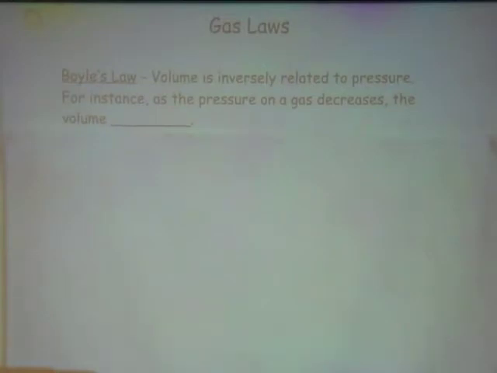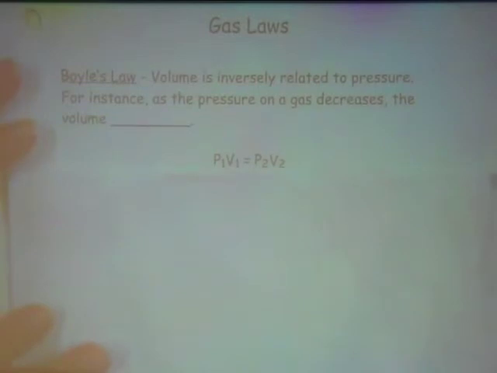The volume of that gas is going to increase. Conversely, if you have a sample of gas and you are pressing on it and pressing on it, what's going to happen to the volume of the gas? It's going to decrease. So the two are inversely related with one another.